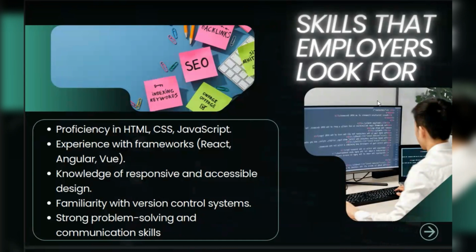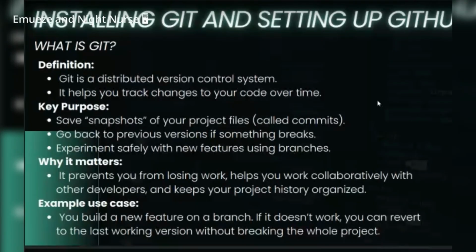You should have knowledge of responsive and accessible design. You'll be familiar with version control, which is Git and GitHub. You should have strong problem-solving and communication skills, and these are the skills most employers look for when you say you're a front-end developer. Having said that, let's quickly dive into the world of Git and GitHub.